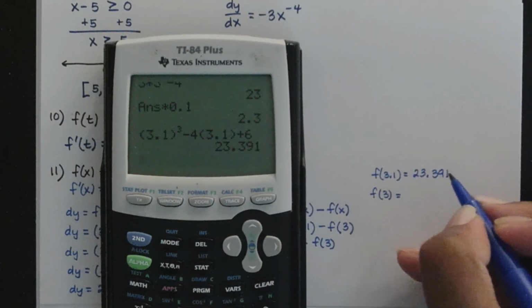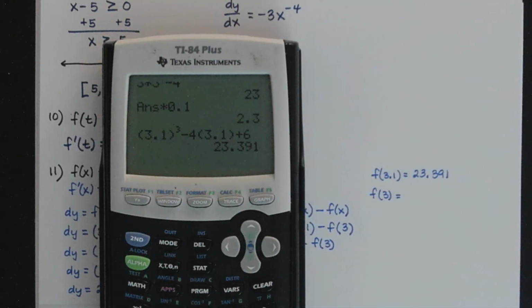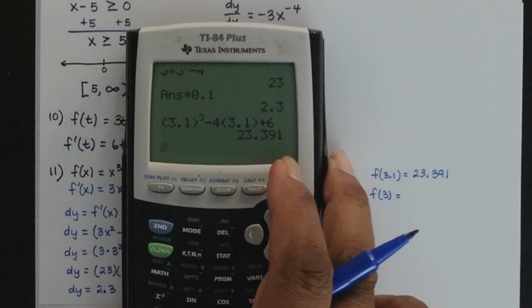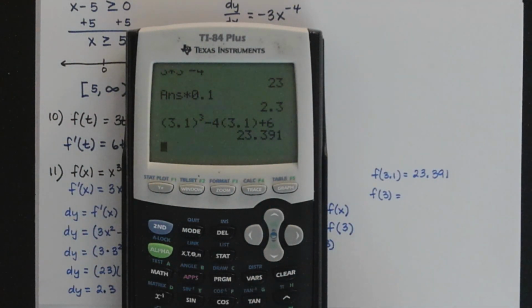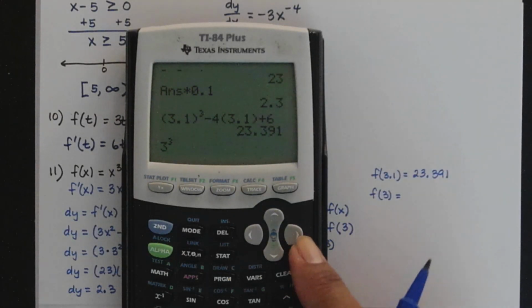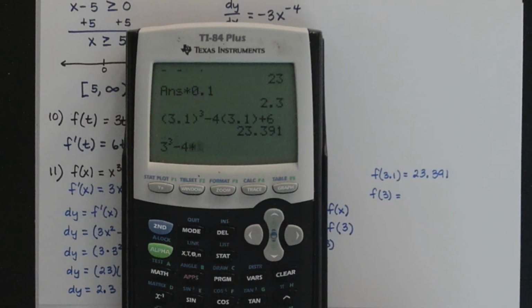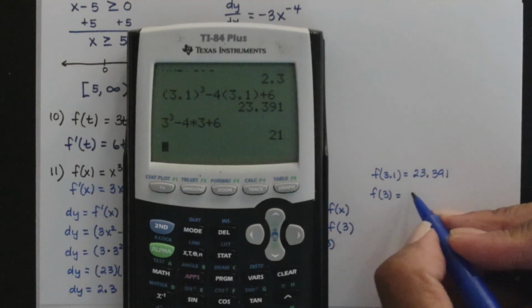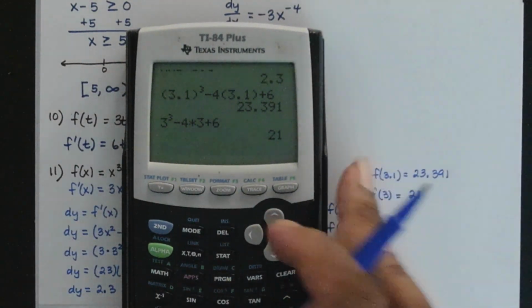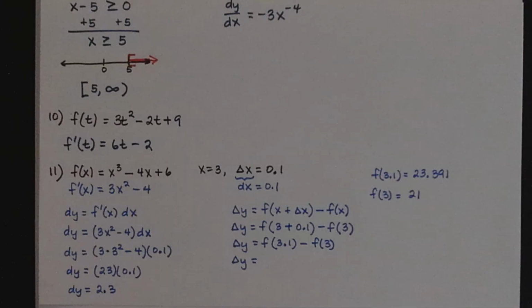So f of 3.1 gave me 23.391. And then for the f of 3, just substitute the x with 3 in the original function, so that'd be 3 cubed minus 4 times 3 plus 6. And for that, I get 21.